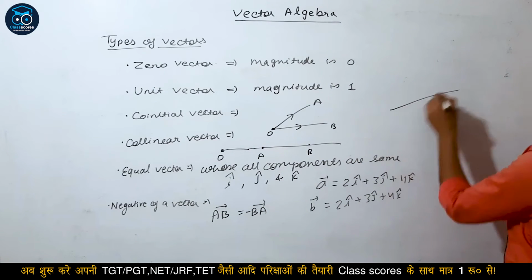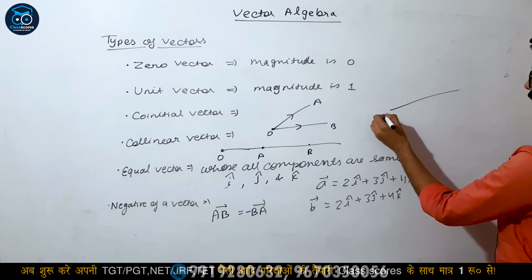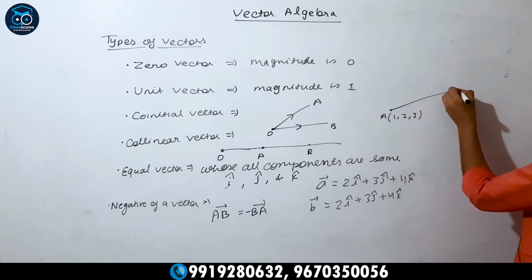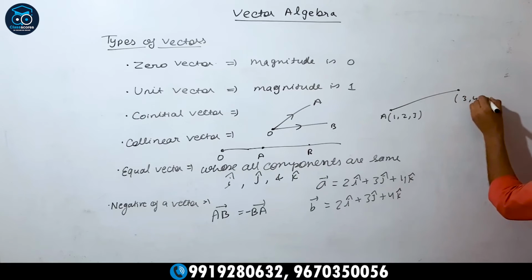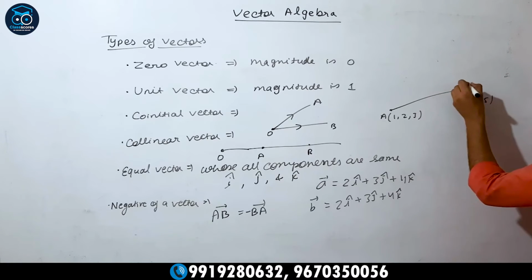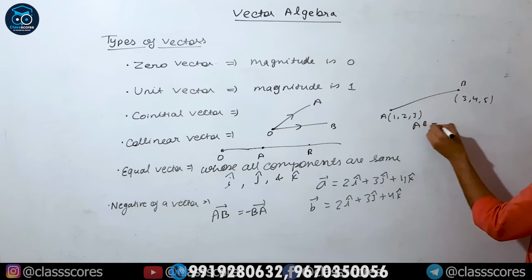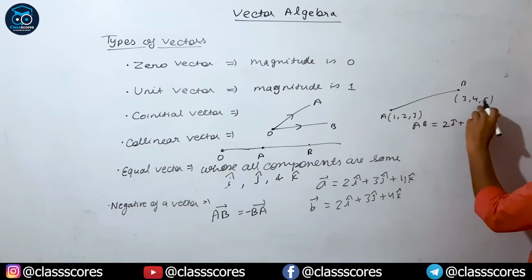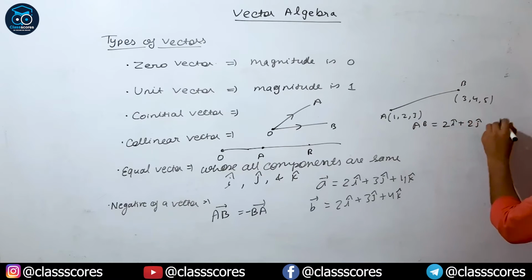For example, here we can take A as 1, 2, 3 and B as 3, 4, 5. Whenever we find AB, what we get? 3 minus 1, 2i cap, plus 4 minus 2, 2j cap, 5 minus 3, 2k cap.